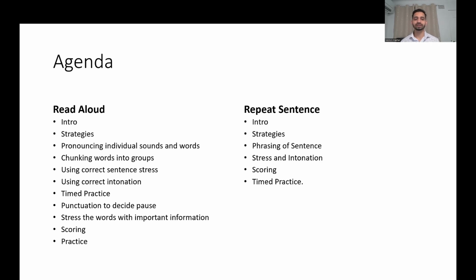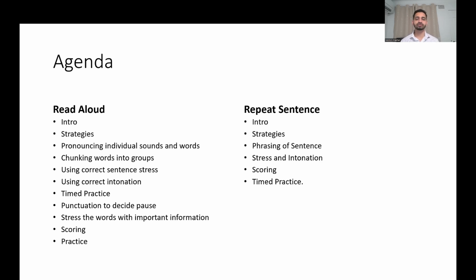So we will discuss what type of words they are, where you should stress, and then we'll be talking about scoring. Obviously, as you know, there are enabling skills that are scored, and also the communicative skills. So we will be talking about those things, and we're going to be practicing again, a little bit of extra practice.